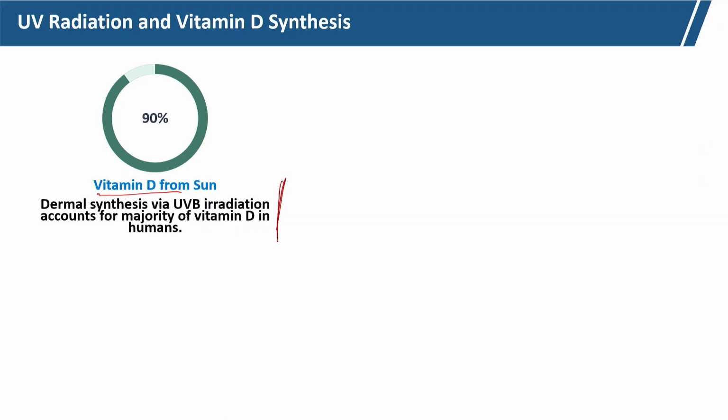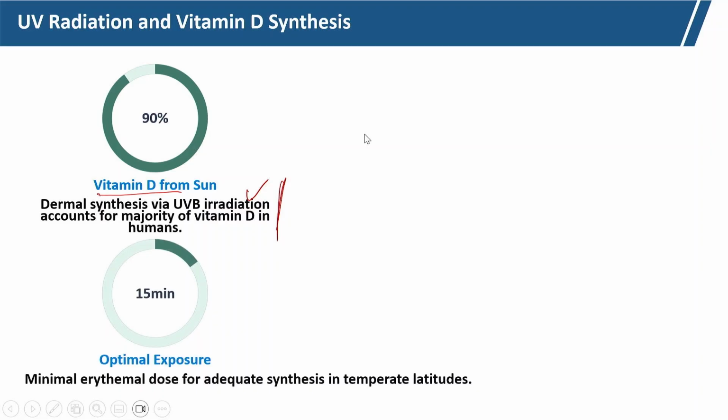So, UVB, although it is harmful to some extent, we need this UVB for vitamin D generation in our body, and the optimal exposure with the minimum erythemal dose for adequate synthesis in temperate latitudes.